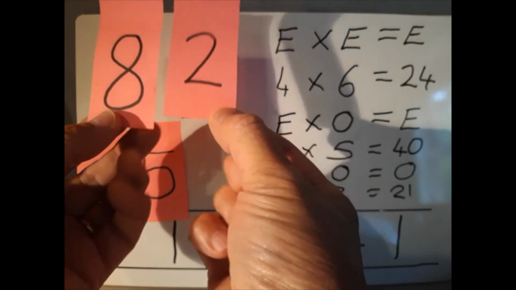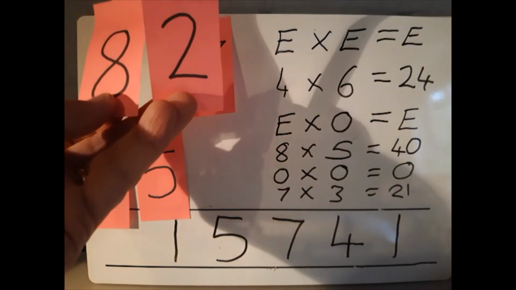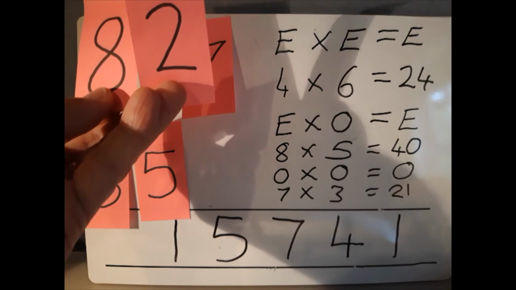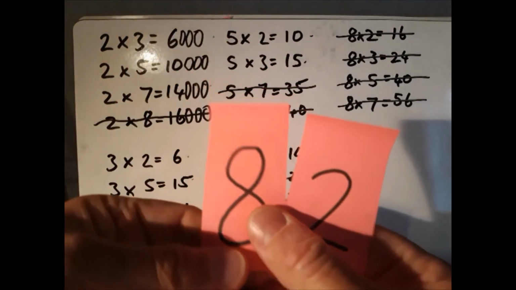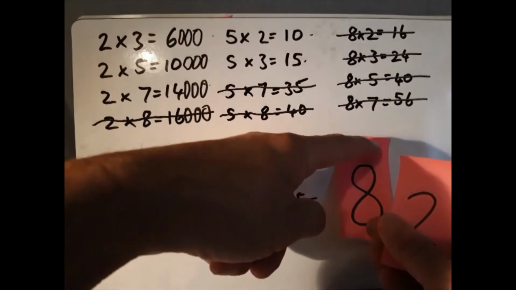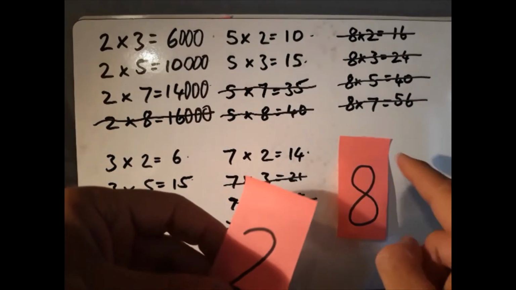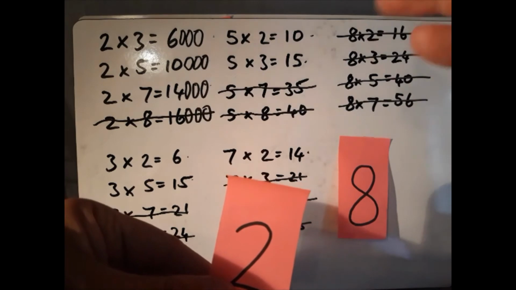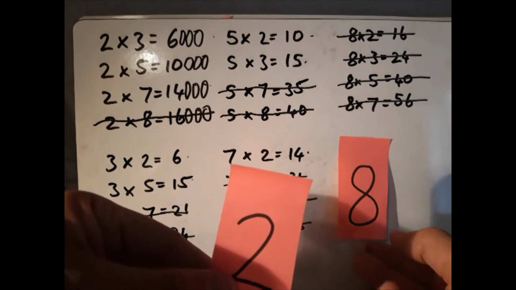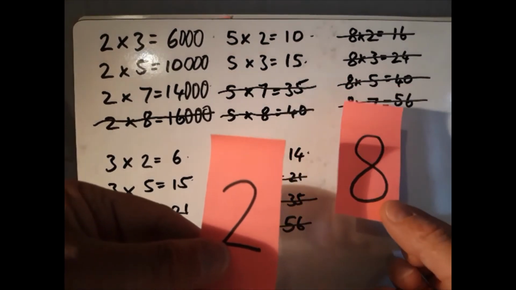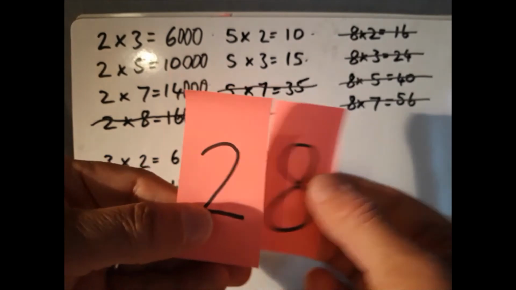And if we put that together with what we found out here, that the number 8 cannot go in either the hundreds column of the 3-digit number or the tens column of the 2-digit number, there is only one place left for this 8 to go.